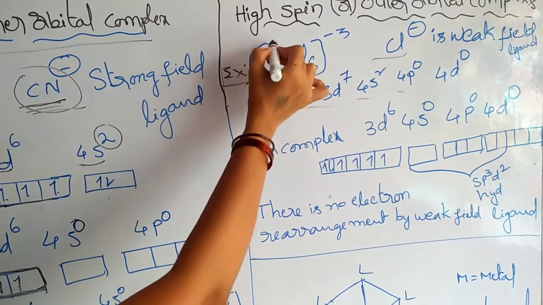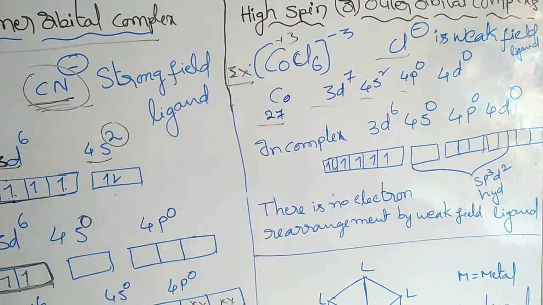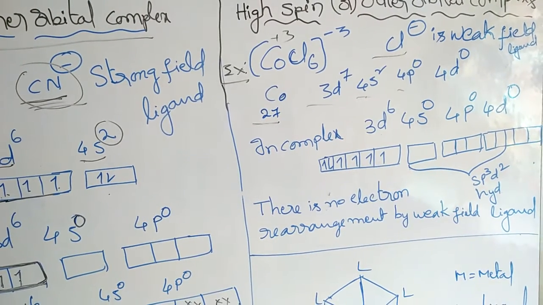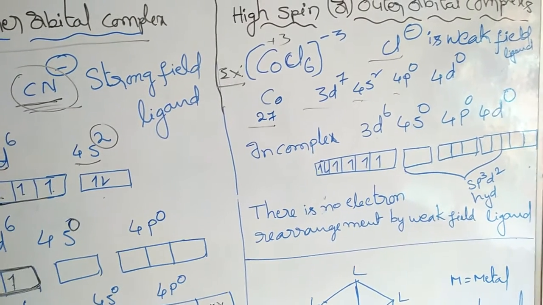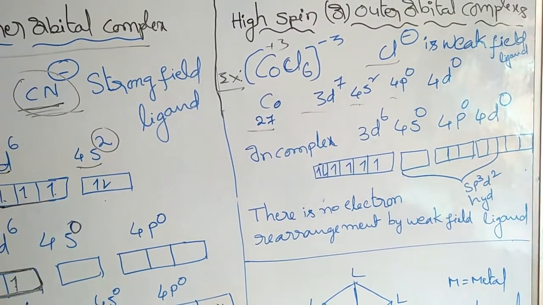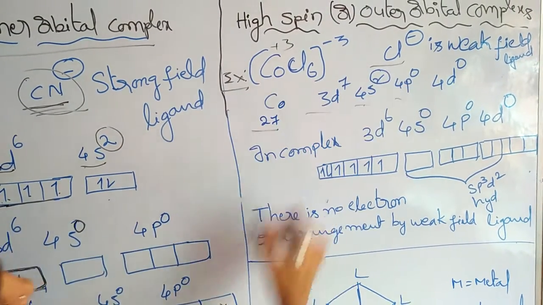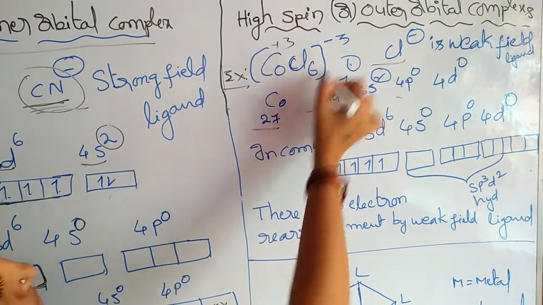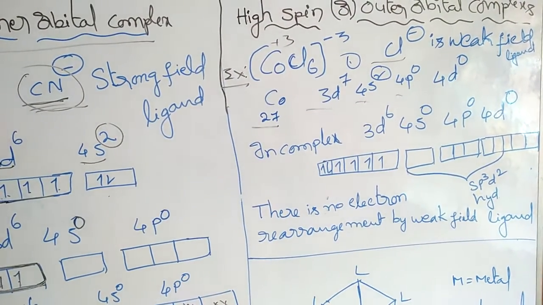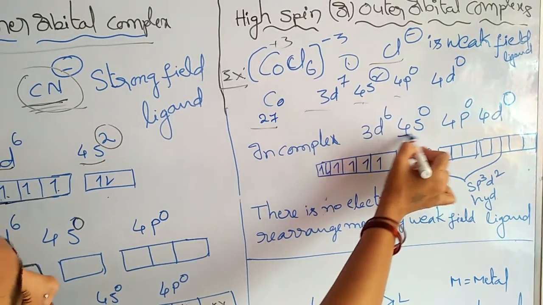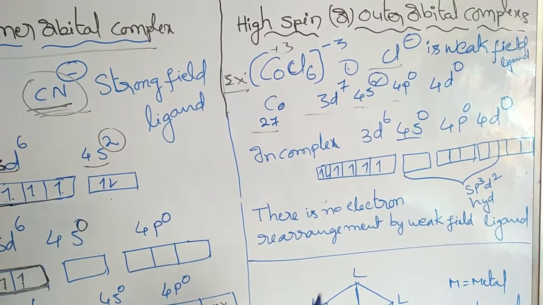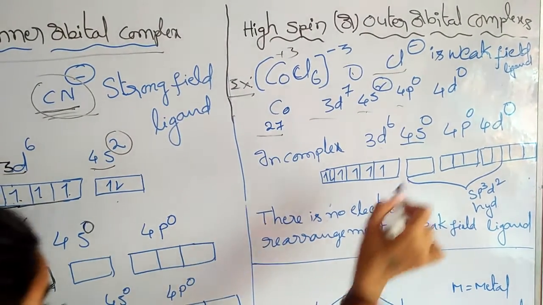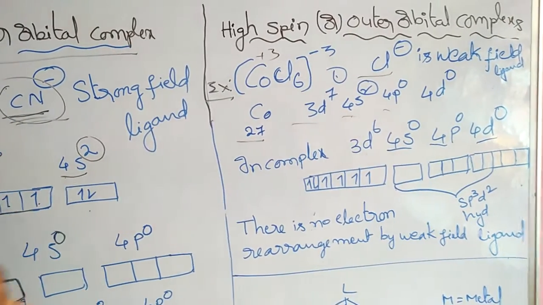Here the oxidation state of cobalt is +3, so cobalt loses 3 electrons in the complex: 2 electrons from the 4s orbital and 1 electron from the 3d orbital. So 4s is empty, and 4p and 4d are also empty.